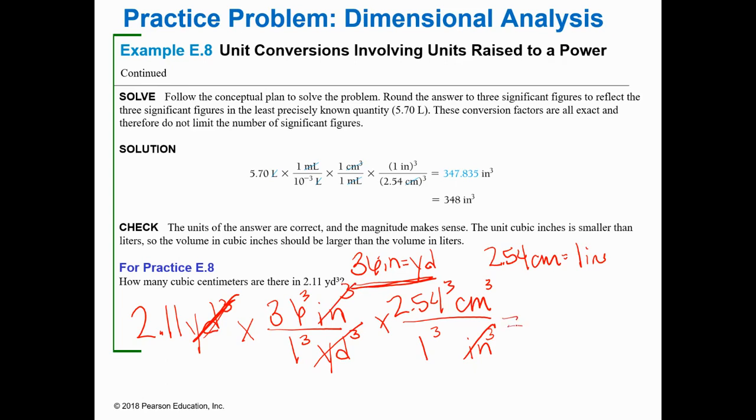And this number is huge. 1,613,210.75. Okay, but I'm only keeping 3 sig figs. So I'm going to do 1.61 times 10 to the, we're going to move our decimal, 1, 2, 3, 4, 5, 6. And that'll be centimeters cubed. Okay, you don't have to put that in scientific notation, but just because it's such a large number, it's easier to read that way.